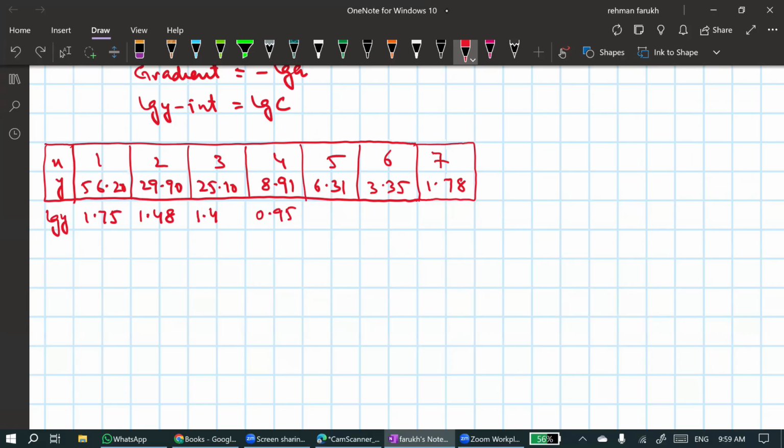LG 6.31 is 0.800. LG 3.35 is 0.525. LG 1.78 is 0.250.